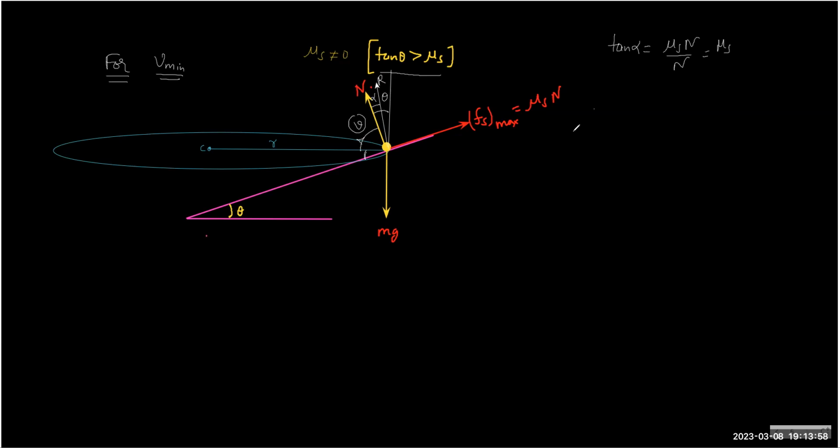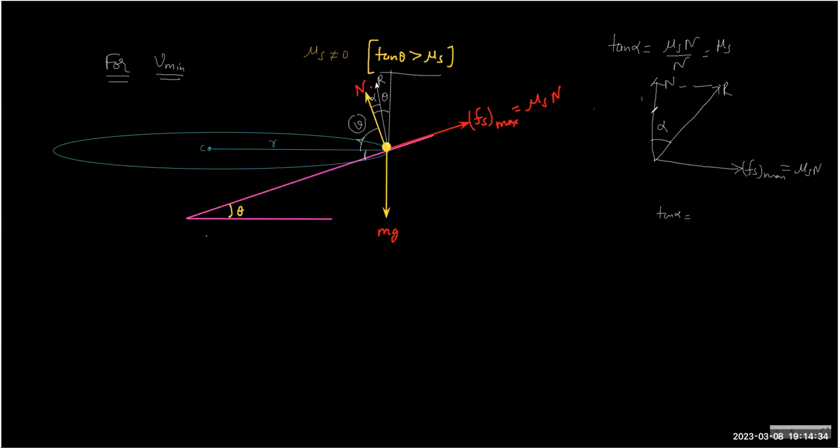So how many of you remember this fact? Whenever we have the Fs max, which is mu s into N, and whenever we have normal, the resultant will make how much angle? So tan alpha is how much?